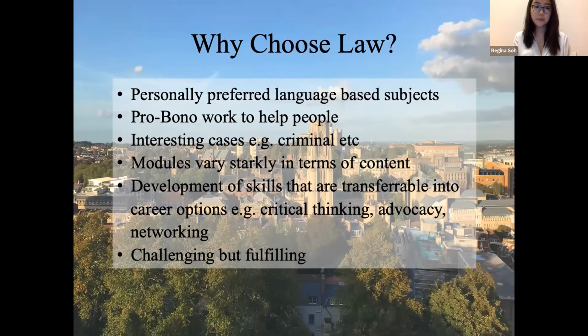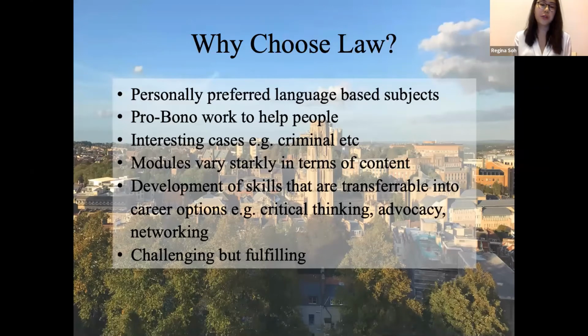Also, the modules in Bristol vary starkly in terms of content. So there are no or very little overlapping topics. So if you like a very wide range of things to learn, then I guess this is for you. And I think the most important thing is that learning about law develops your skills that are transferable into career options later.